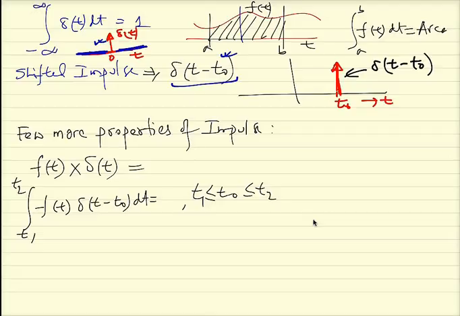Okay, a few more properties. Let's go through those. If you have a delta function, an impulse function, and you want to multiply any other signal with delta t, what is the outcome? Let's try to explain this.